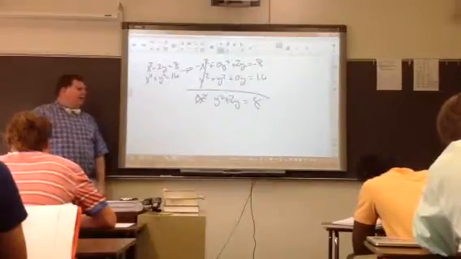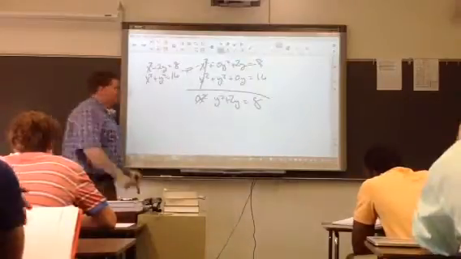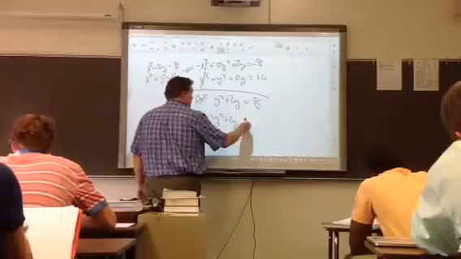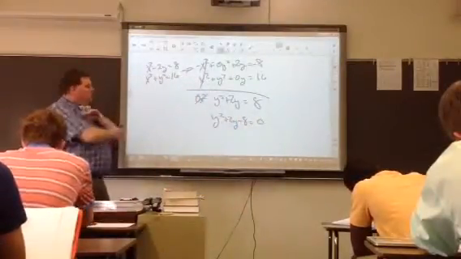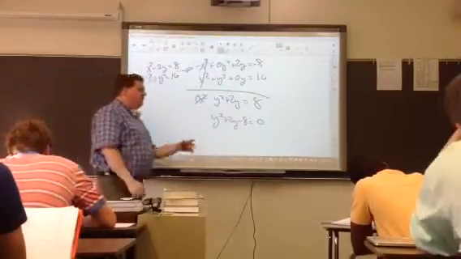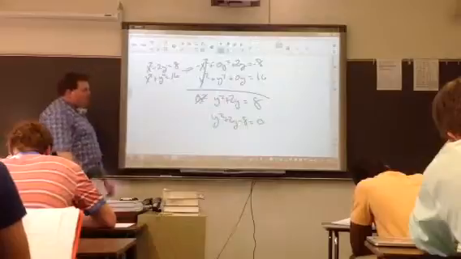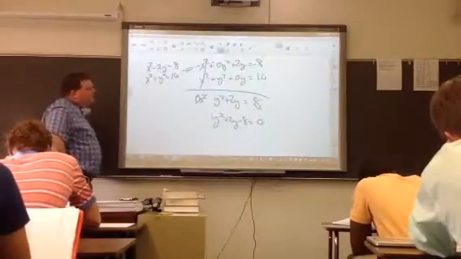And what's special about this? What's going to happen if I move that 8 over? What am I going to have? It's going to be a regular quadratic equation. The only difference is my variables are y, but that's never stopped us in the past. So we treat this like any other quadratic equation. Can this one factor? Yeah.